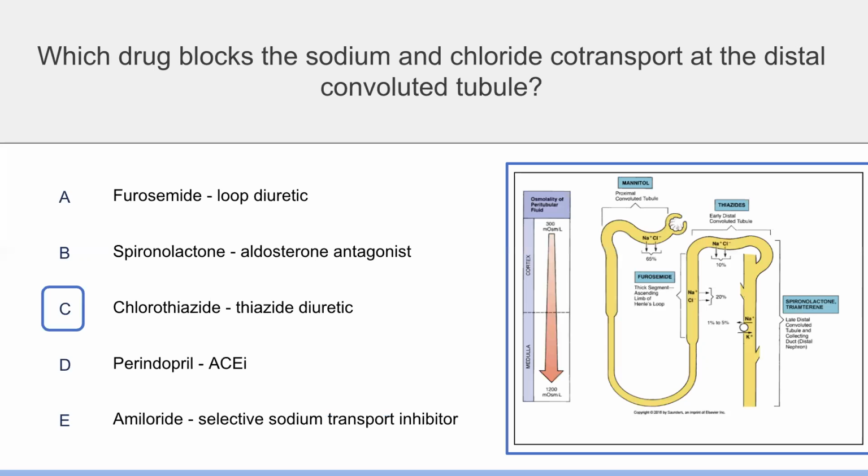Yep, good job, guys. So it ends in thiazide, another great drug to remember. So a thiazide diuretic, and these act on the distal convoluted tubules to inhibit the sodium chloride cotransport.